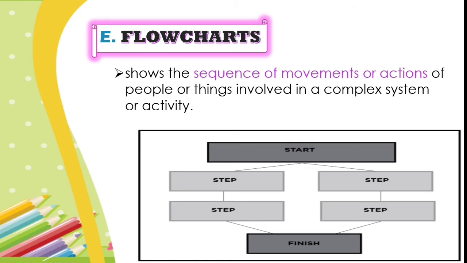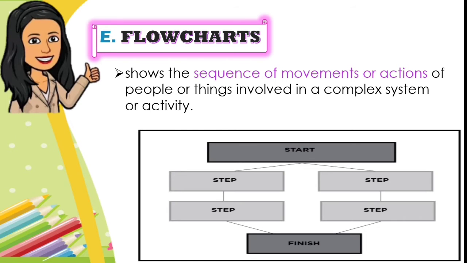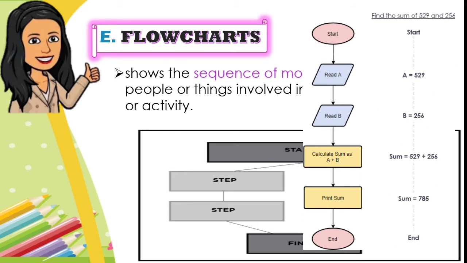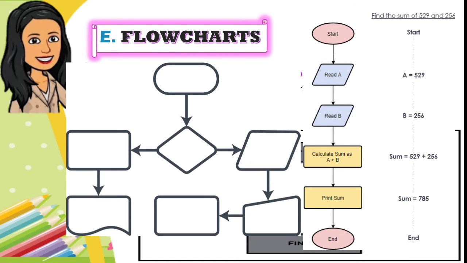Our last example is flowcharts. It shows the sequence of movements or actions of people or things involved in a complex system or activity. It is simply a graphical representation of steps. It shows steps in sequential order and is widely used in presenting a flow or processes.